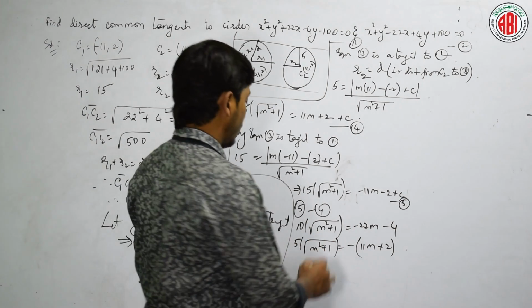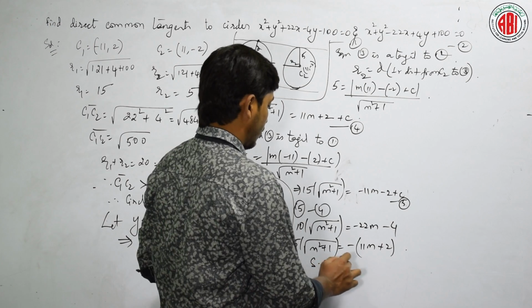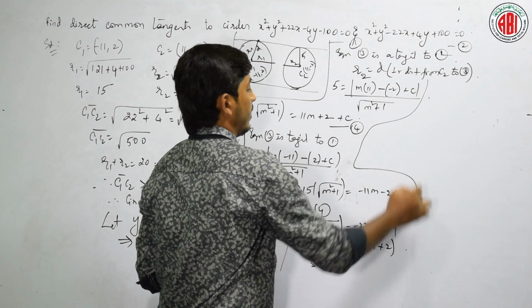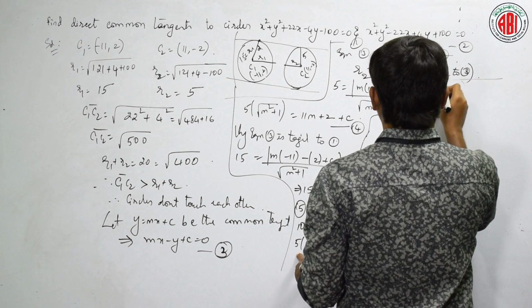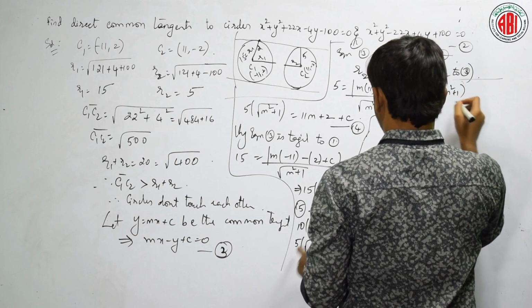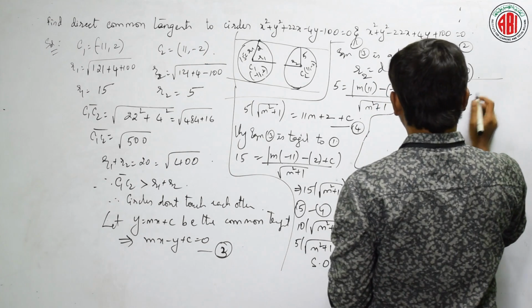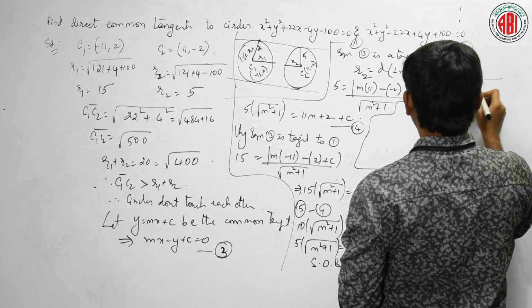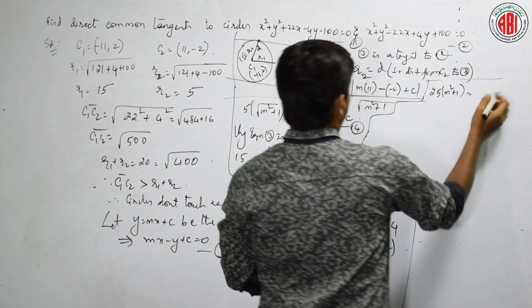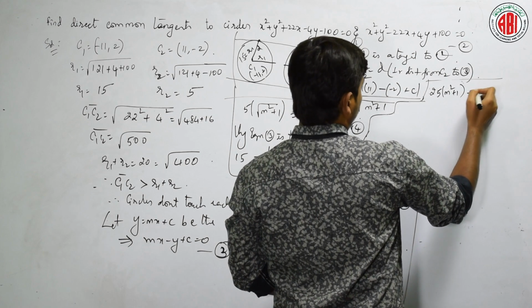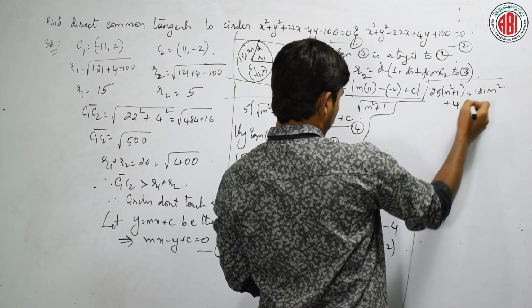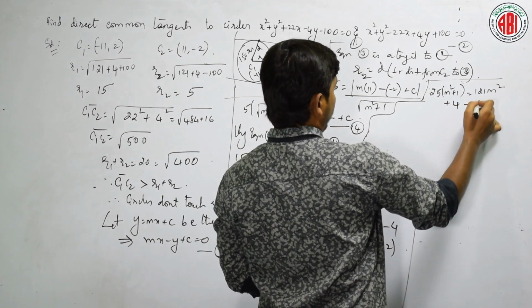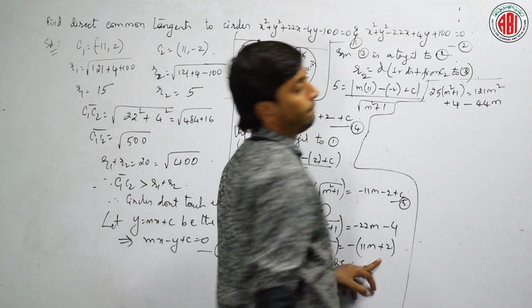So, let us square on both sides here, then we get 25 into m square plus 1 is equal to this, minus 11m plus 2 whole square. How much is it? 121 m square plus 4 minus 11, 2s are 22, 22s are 44 m.